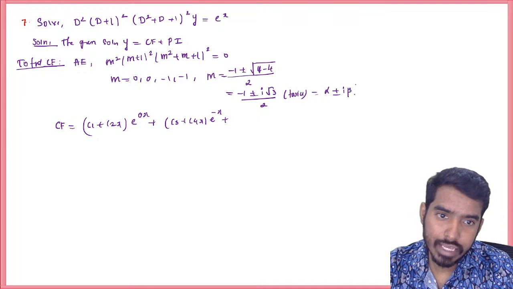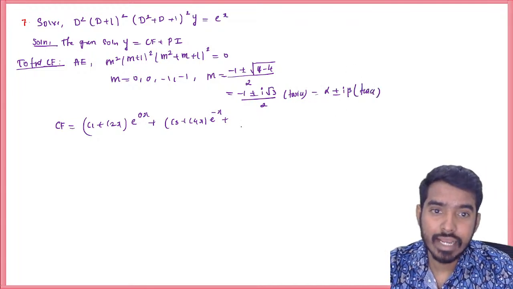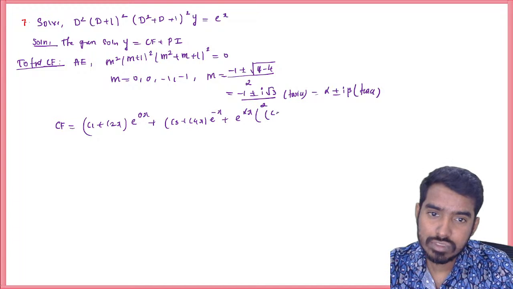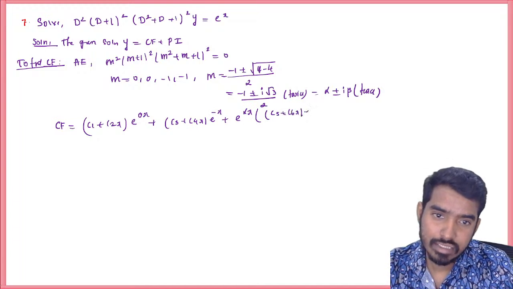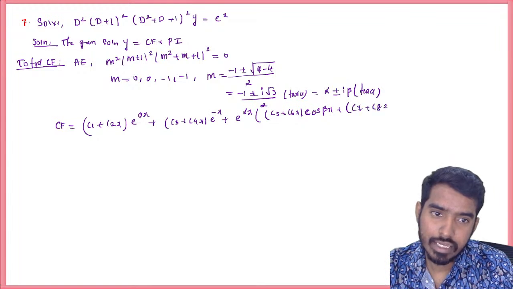Alpha plus or minus i beta twice. So in that case, what is your complementary function? E power alpha x into, we already used c3, c4, so (c5 plus c6x) cos beta x plus (c7 plus c8x) sin beta x.